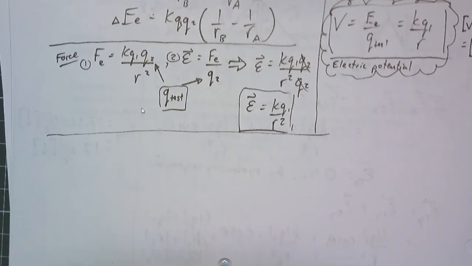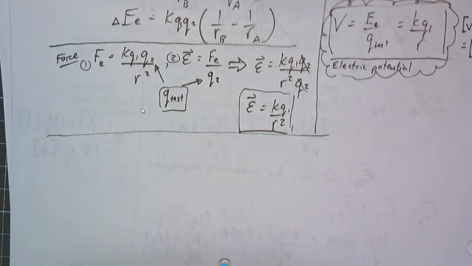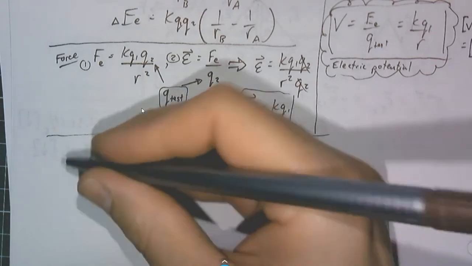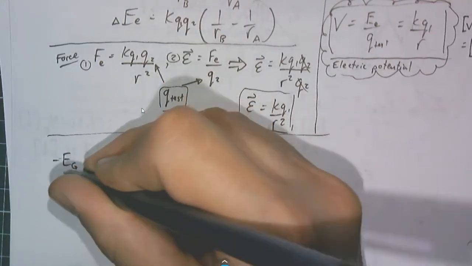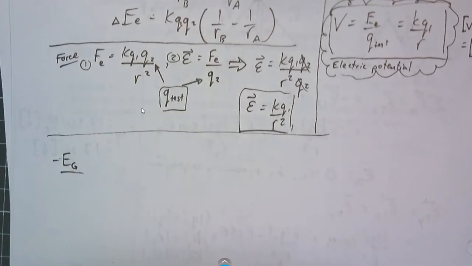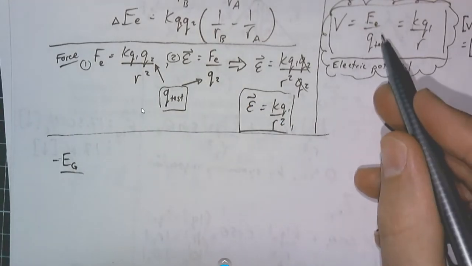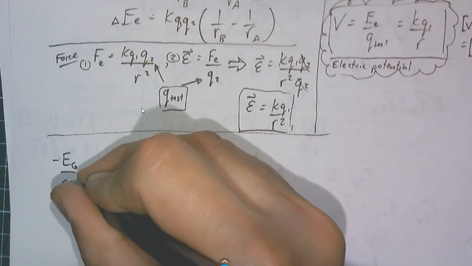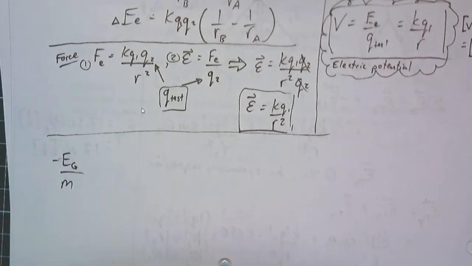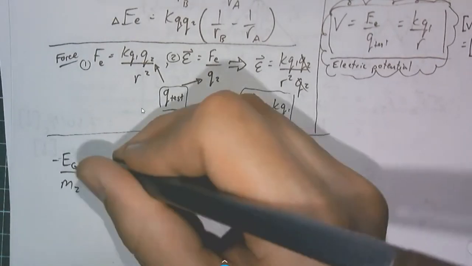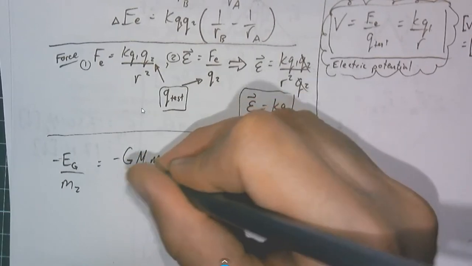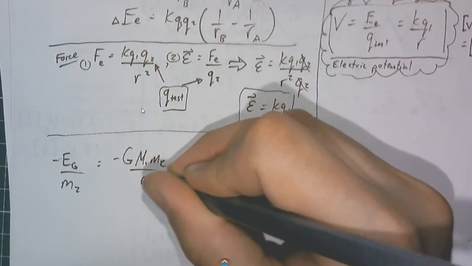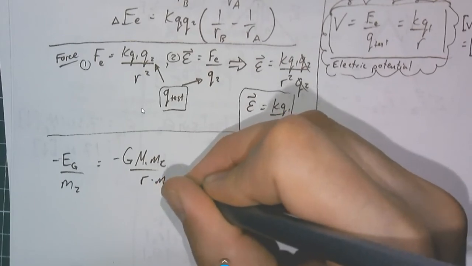So if I really was desperate for an analogy, how is this going to hold up in a gravity situation? Well, I'd approach it like this. The gravitational potential energy, Eg, divided not by charge, like we did with E_E over Q, but by mass, some test mass, call it m2, would be G m1 m2 over r, times m2, because that m2 is in the denominator.